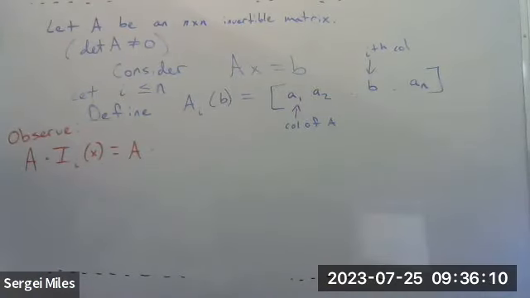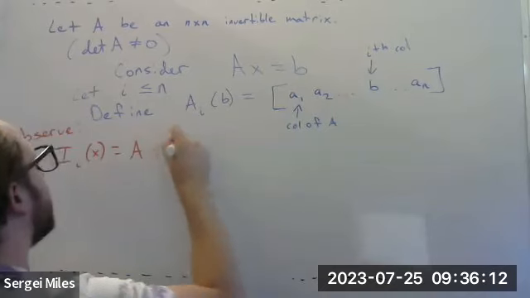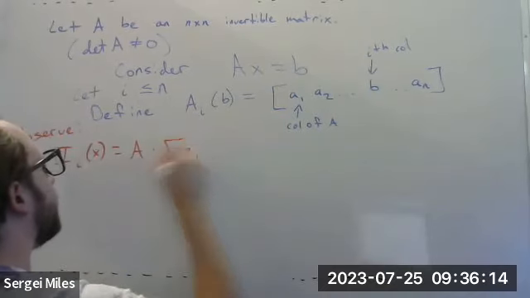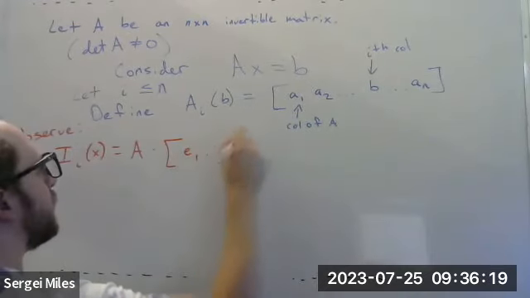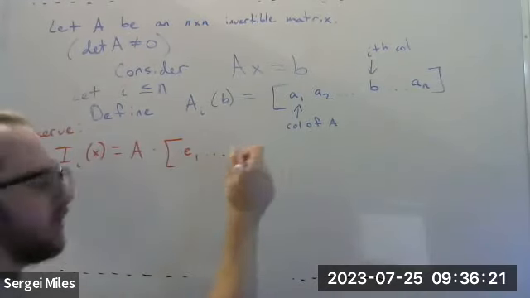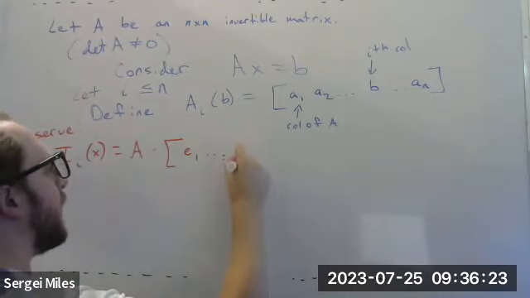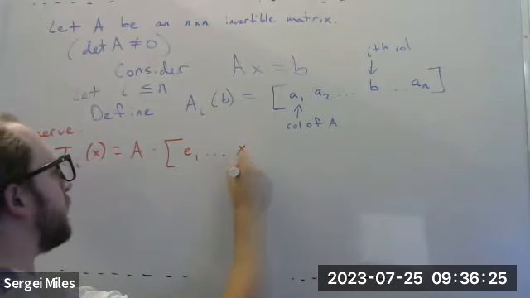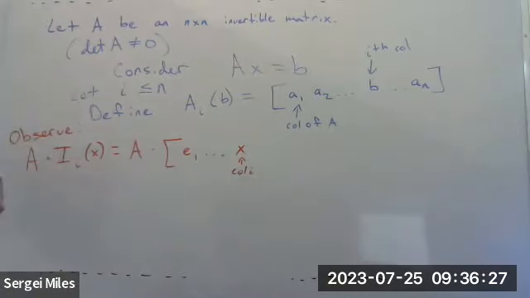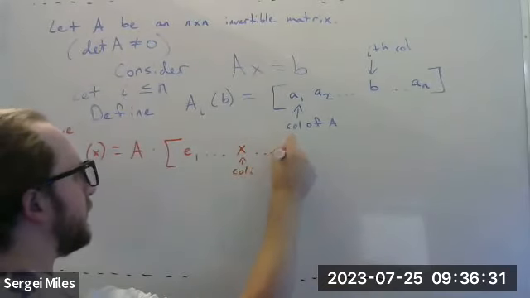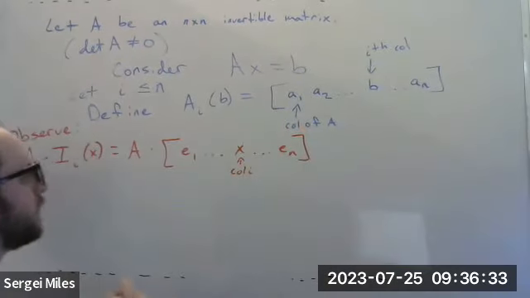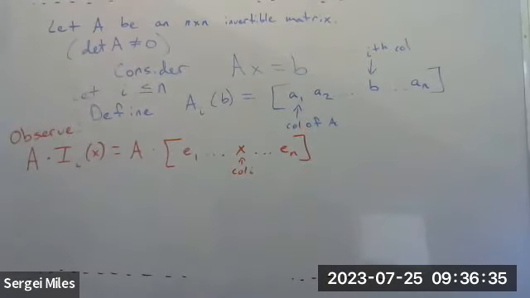Okay, so what does this look like? Well, this means in the first column, I still have the first identity column, dot, dot, dot. But when I get to the ith column, I'm going to put in X. This is column i, wherever it is, dot, dot, dot, EN. That's all we've done.